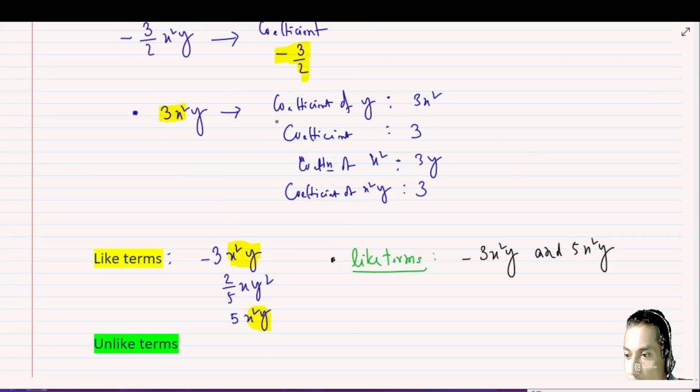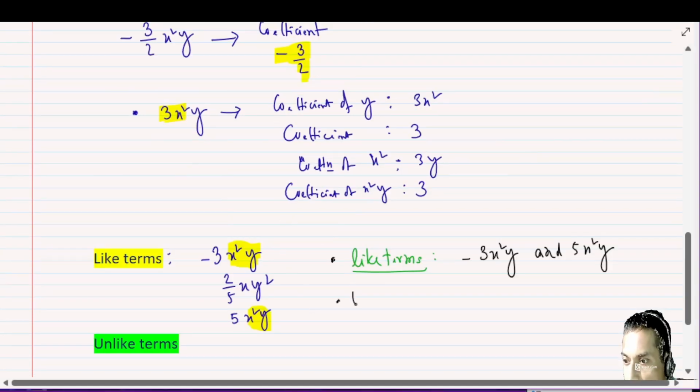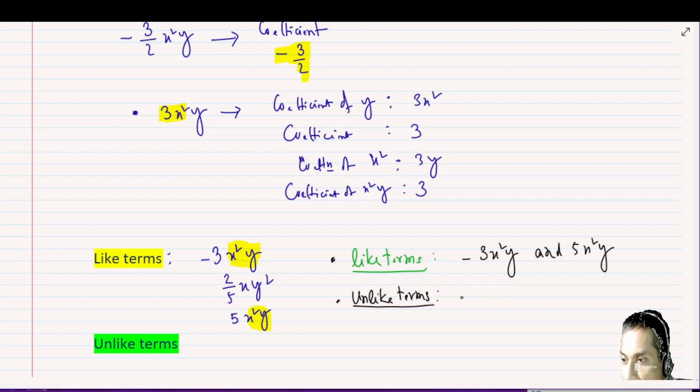So what are unlike terms? Unlike terms have different variables. Look at this, x square y and xy square. So this pair is unlike terms.